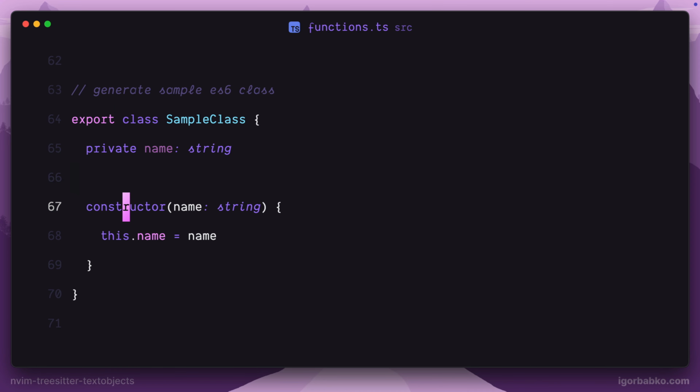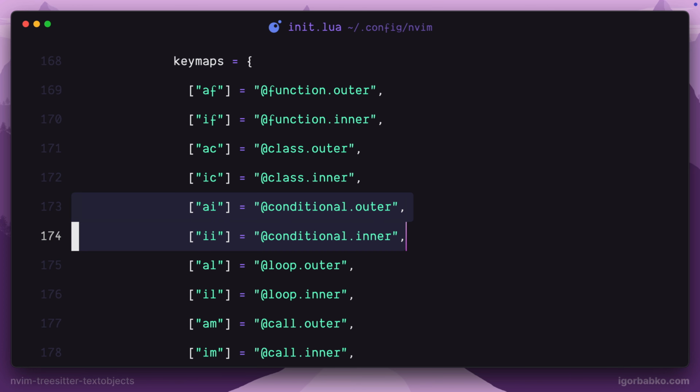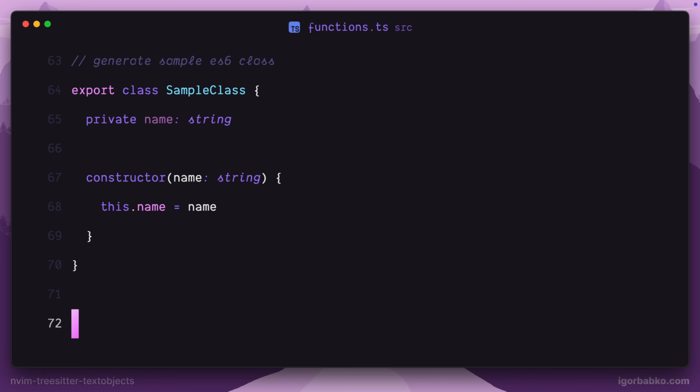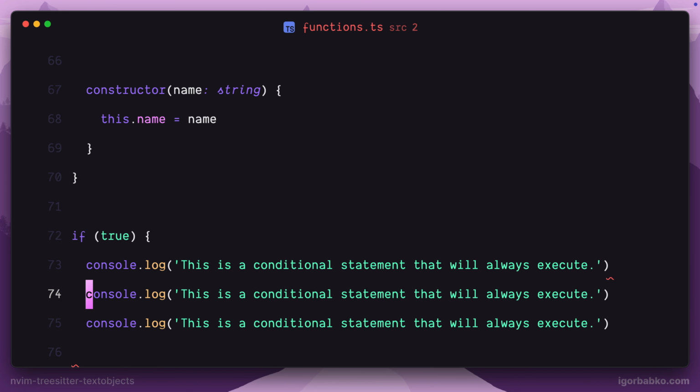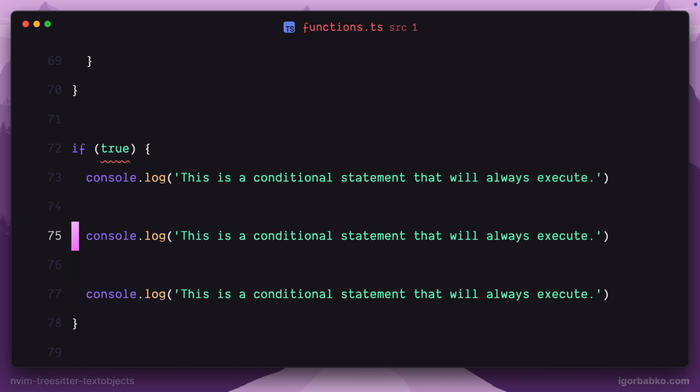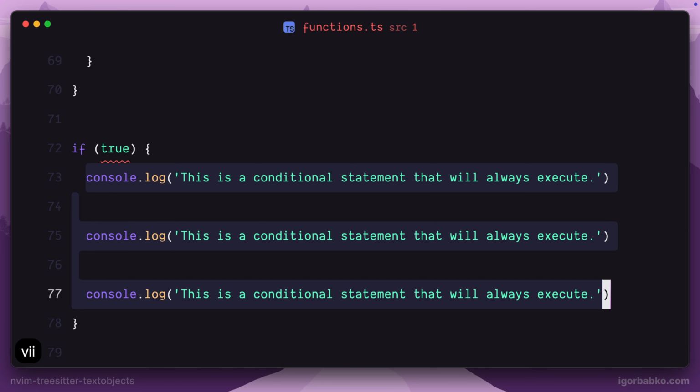Alright, moving on to the next set of shortcuts, intended to be used with if statements. I'm going to quickly create an if statement in here to demonstrate these shortcuts. For example, if we need to select internals of this if statement, I'm going to press VII, which stands for Visual Inside If Statement.